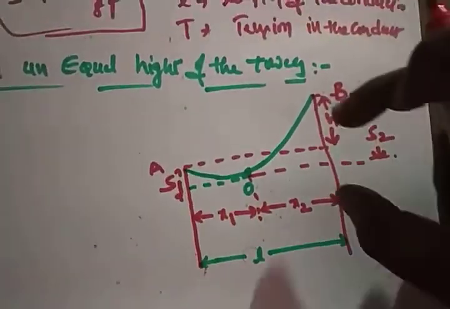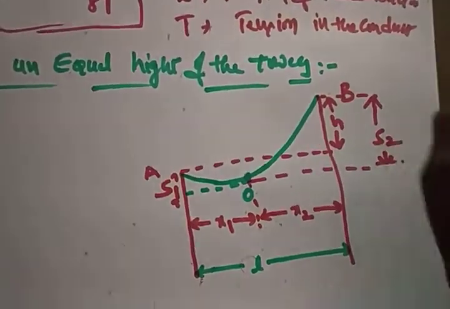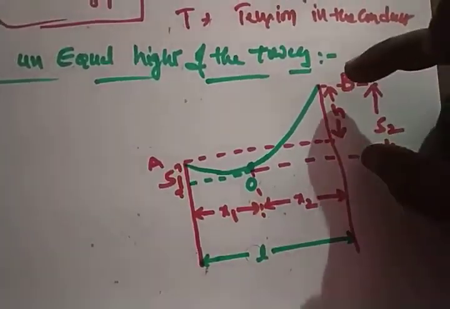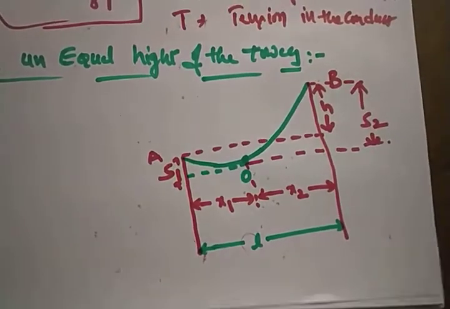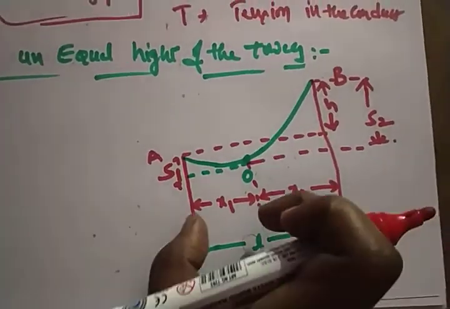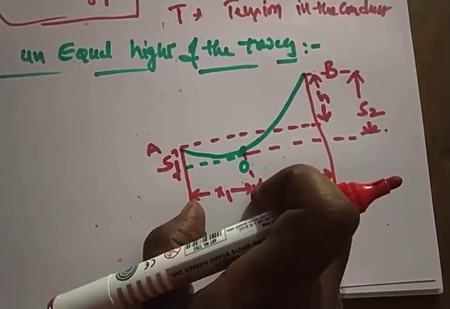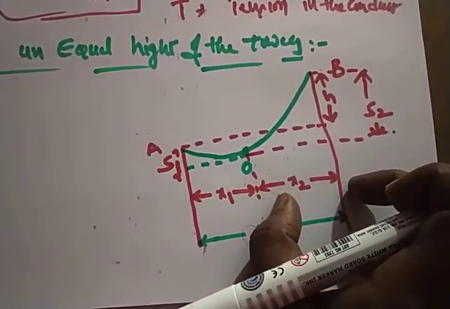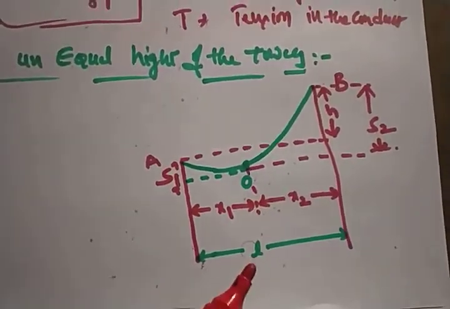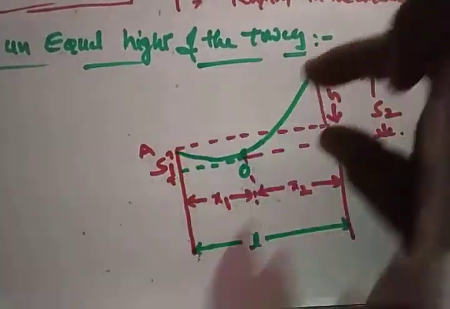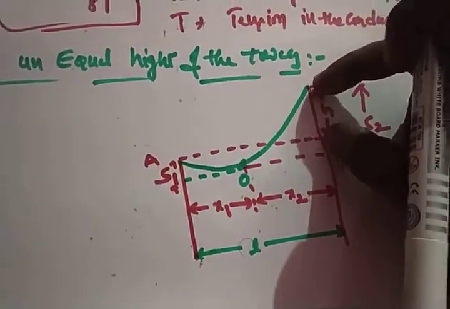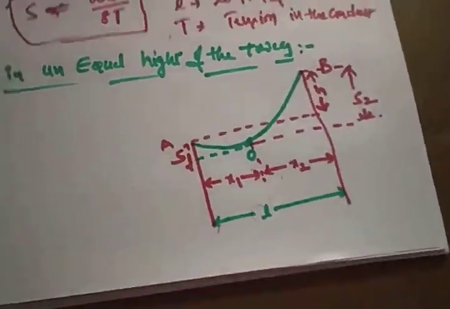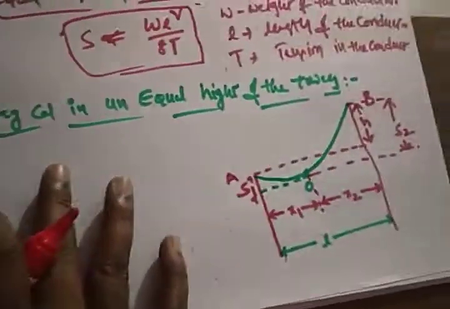From support B to the point O, this difference is sag S2. This distance is x1 and this distance is x2. The supports' height difference we call h. This is the figure that I explained.